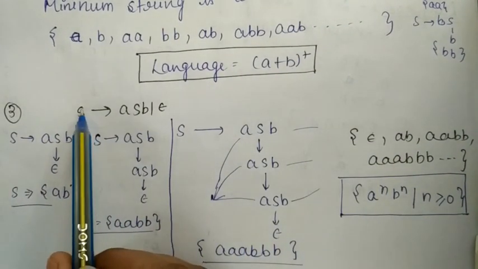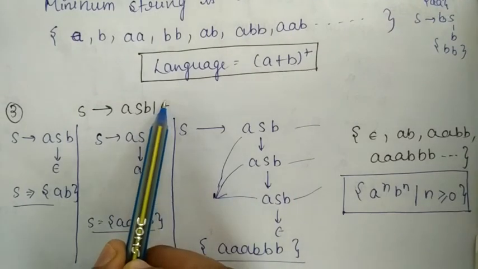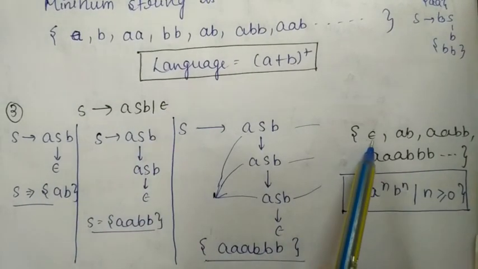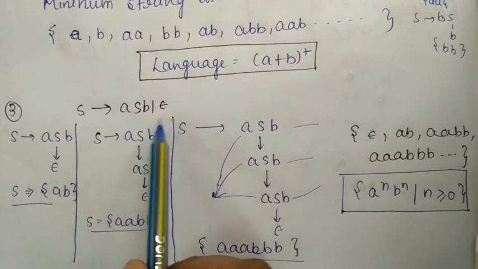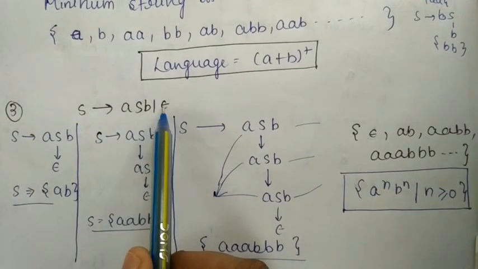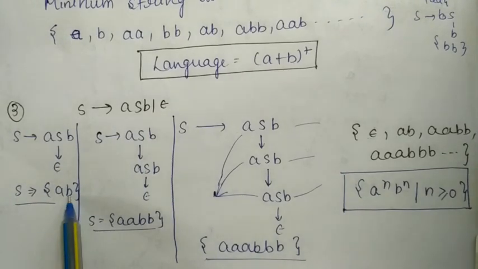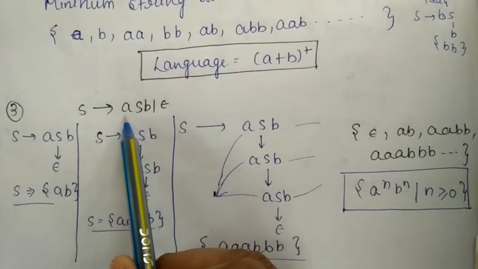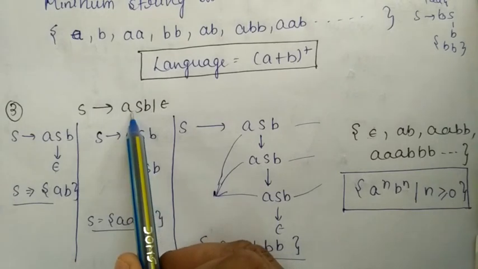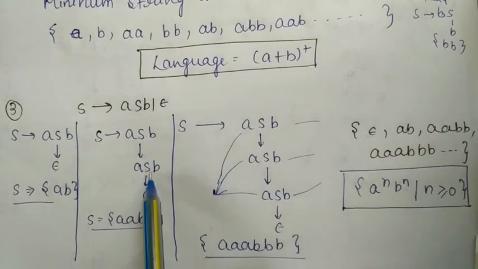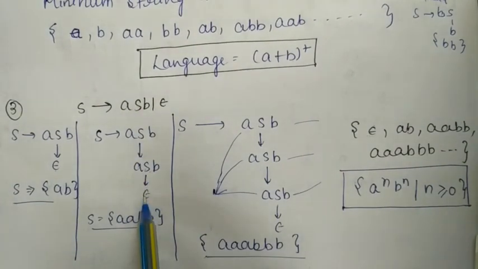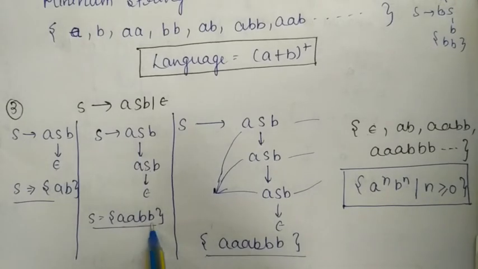First of all, we replace S by a terminal, so the minimum string will be epsilon. Now if we take this production and replace S by epsilon, it will generate ab. Now if we take this production and replace S by itself, and at last by epsilon, it generates aabb.